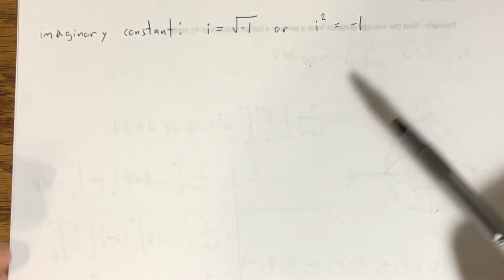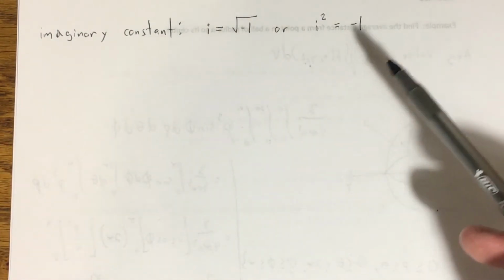What I want to start with is using the 4 basic operations with what we call complex numbers. So now that we've defined this number i, what is a complex number?